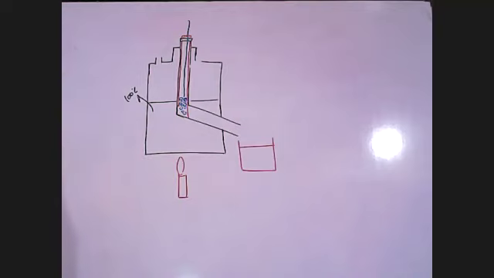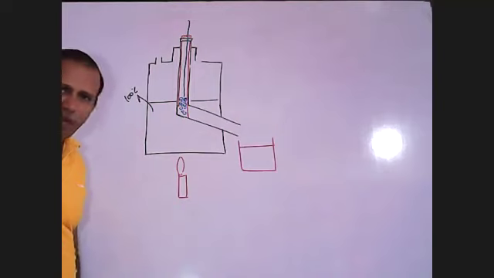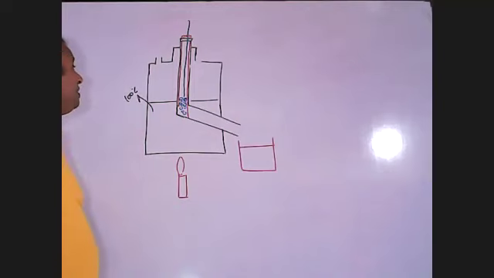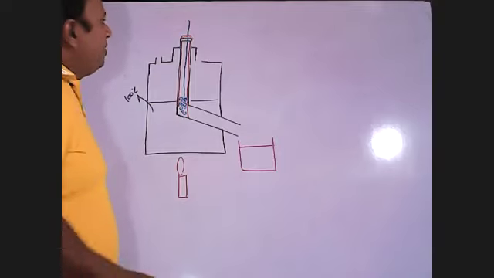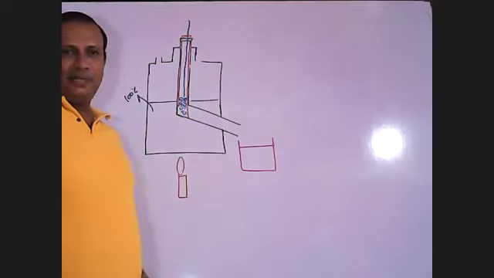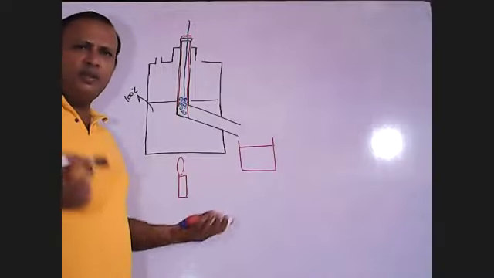Okay. So instead of using a boiling tube, this is a boiling tube, and there are some features in the boiling tube. I will discuss that later. Before that, instead of a boiling tube, if I use a water bath, actually I can use a water bath.